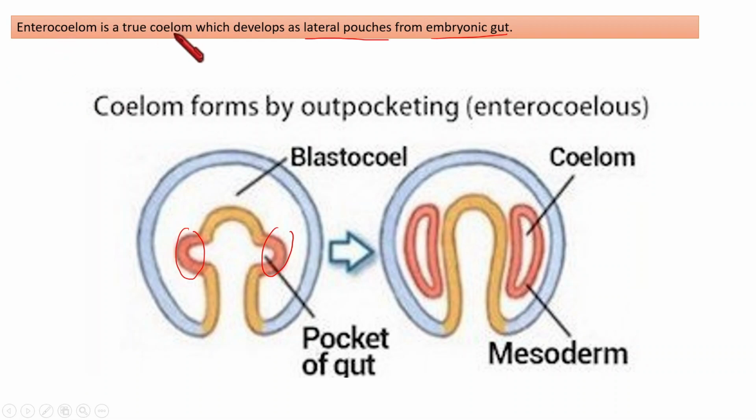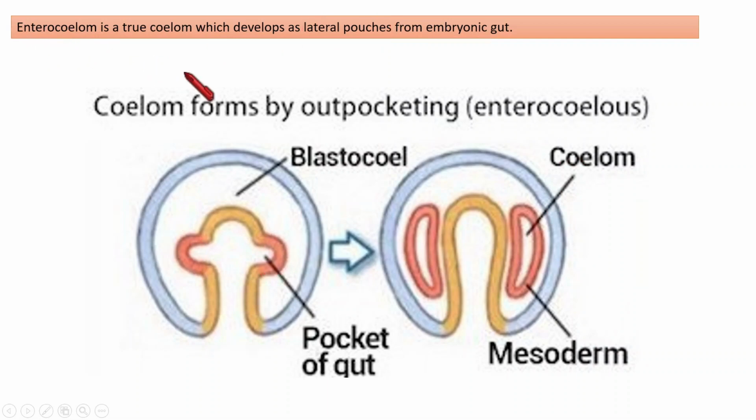Enterocoelom is a true coelom itself, but this coelom emerges in the form of certain lateral pouches from the embryonic gut, and later these pouches pinch off and form the coelom. Such a coelom is called the enterocoelic coelom.